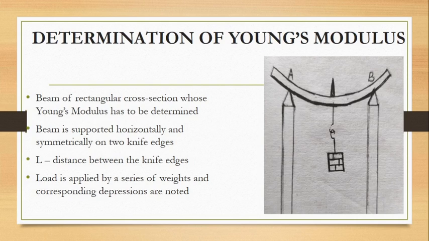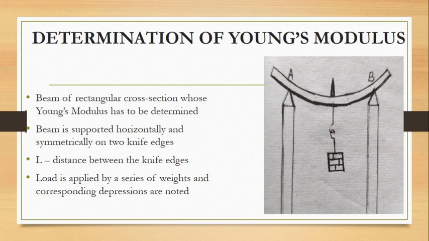And you can see a pin attached to that weight at the middle. So we can apply a series of weights and the corresponding depressions can be measured or noted. So this is the experimental setup in which a rectangular beam is supported with the help of two knife edges and weight is suspended at the middle.